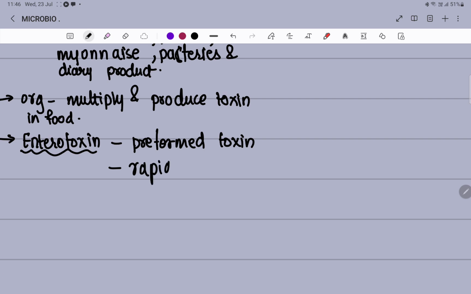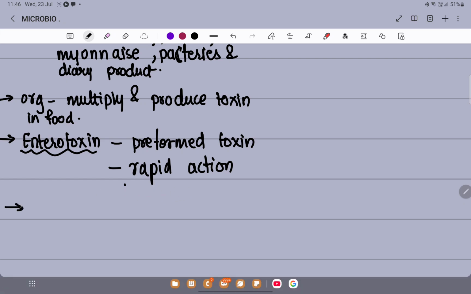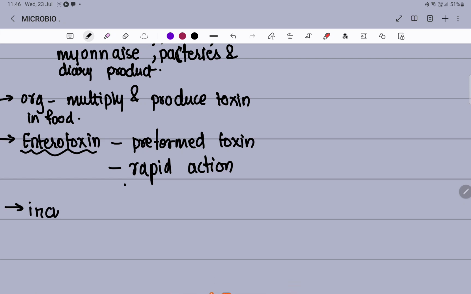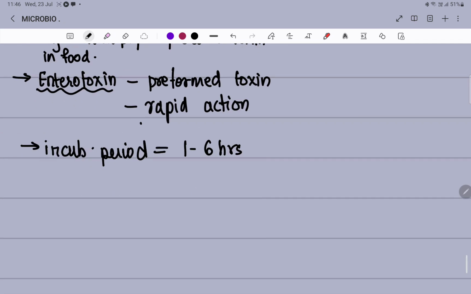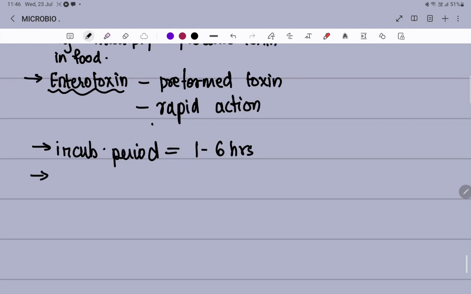Therefore, it has rapid action. Its incubation period is literally 1 to 6 hours. That quickly and rapidly it can act.